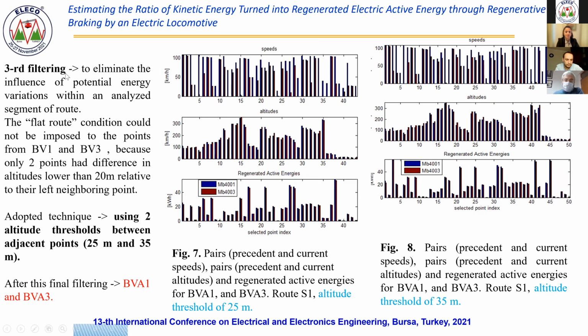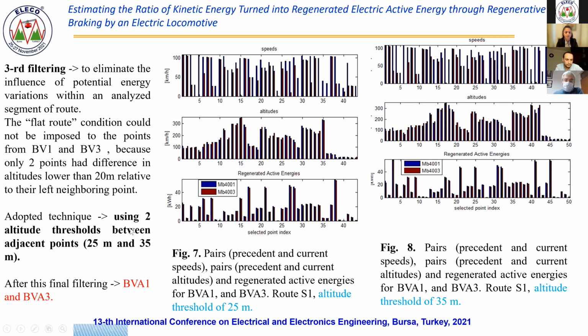The third filtering was needed in order to eliminate the influence of the potential energy variations within an analyzed segment of route. We could not use the flat route condition because only 2 points after those hundreds had a difference in altitudes lower than 20 meters relative to their left neighboring point.